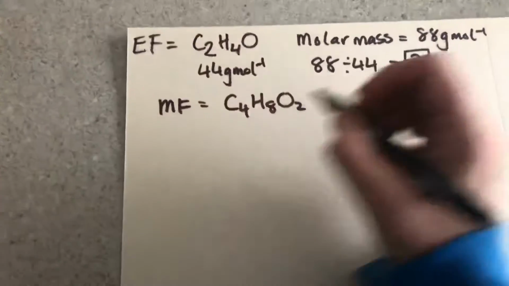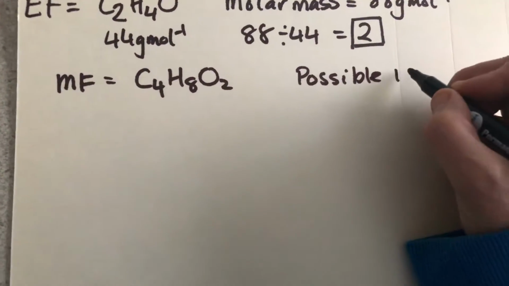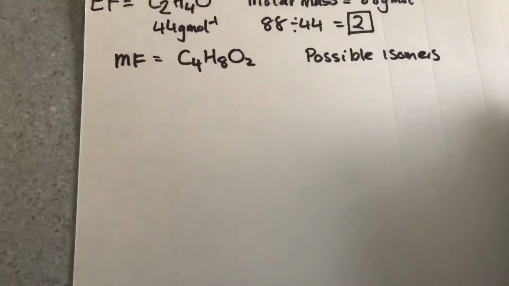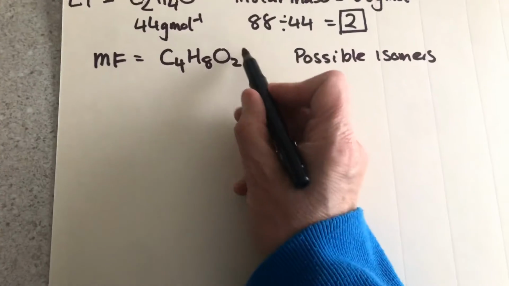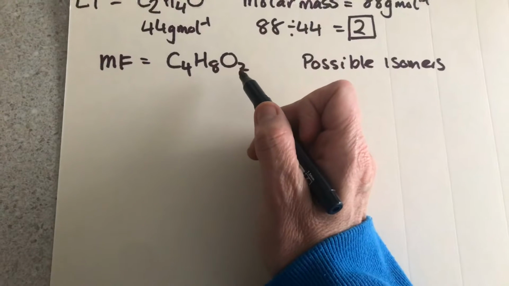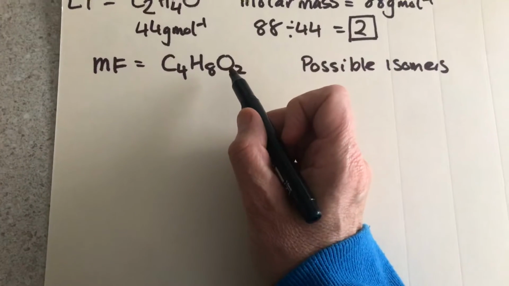So now we need to look at our possible isomers for C4H8O2. So let's go for the easiest one. So we are looking for something with 2 oxygens. Now the tricky thing about this one is that there's more than one possible functional group that has 2 oxygens.